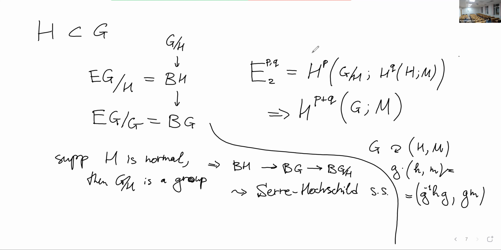So we need to understand this part. If we take an element of H as G, why do we get a trivial action on cohomology?